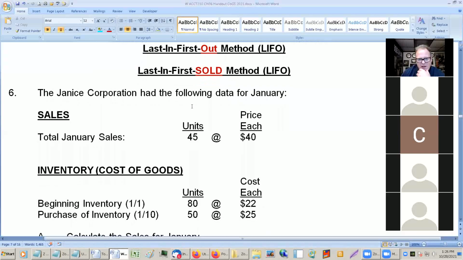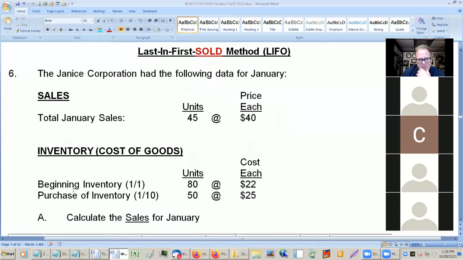Economists will tell us that is the best price to use when calculating your income. So when we go to our layers here, this last one in is the best estimate of what those items are really worth, what the true cost is.